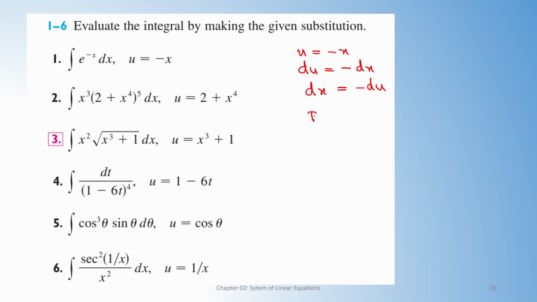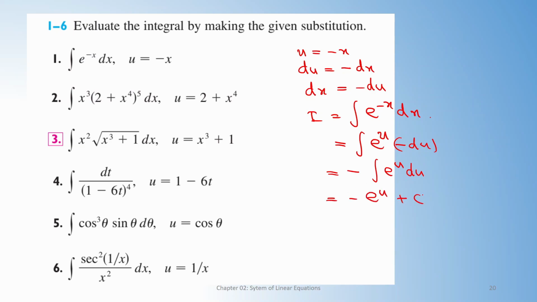Then the integral I is equal to e to the minus x dx. e to the minus x means e to the u, dx means minus du. Then it is minus e to the u du. Integration of e to the u is e to the u itself, plus c, the integral constant. With minus u being minus x, plus c.